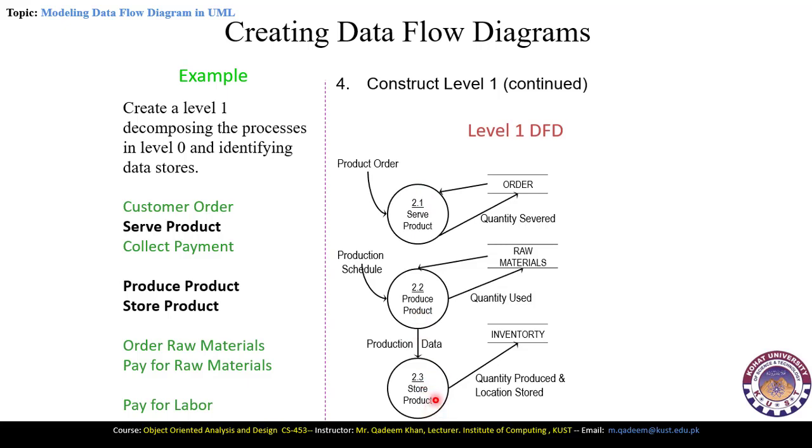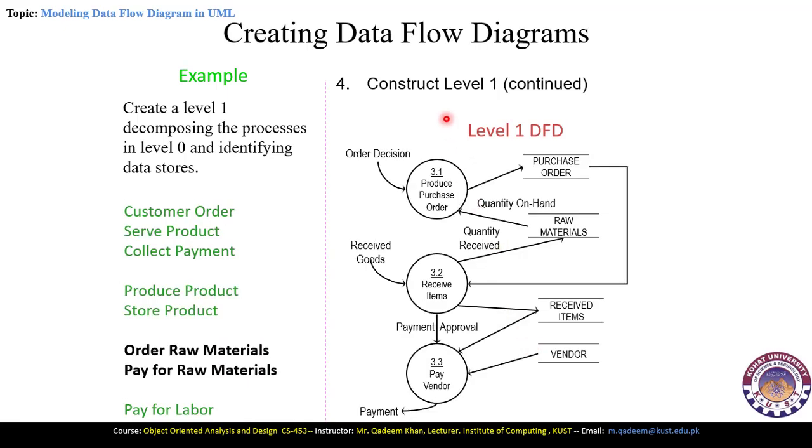The store products uses the inventory database or tables. So this table is updated by the store products when the product is produced. So when the product is produced, the store products process will also be executed, and the store products will update the inventory database or table. So this DFD identified different sorts of customers, and also different sorts of databases or data stores.